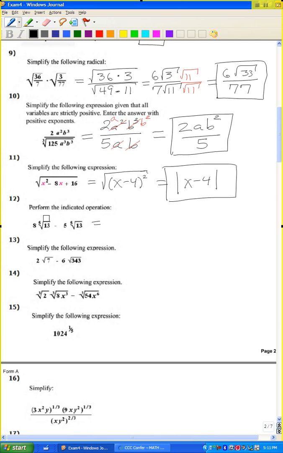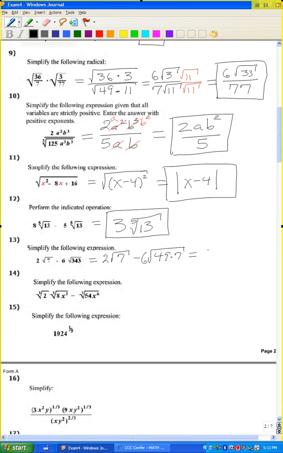So 8 radical 13 minus 5 radical 13 is 3 radical 13. Okay. 2 radical 7 minus 6 radical 343. I can write 343 as 49 times 7.